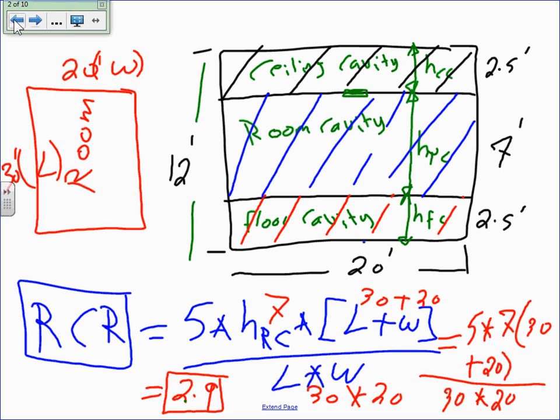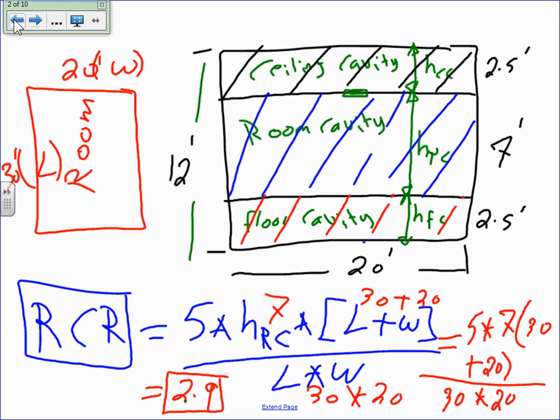Remember that 20 by 30 room, guys? This is the ceiling in that room. I decided this is how I'm going to put the ceiling in that room. So the first step when you have to find the coefficient of utilization, you're given the area, you're given the heights. I need to find the RCR, the room cavity ratio.